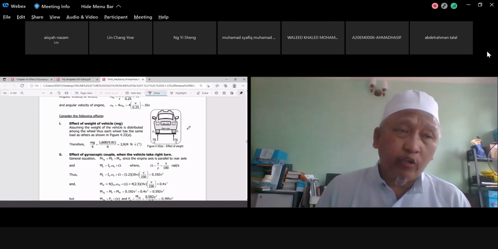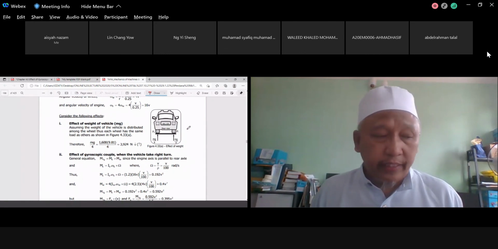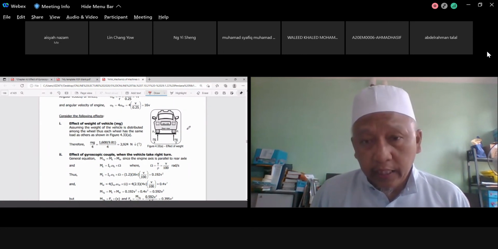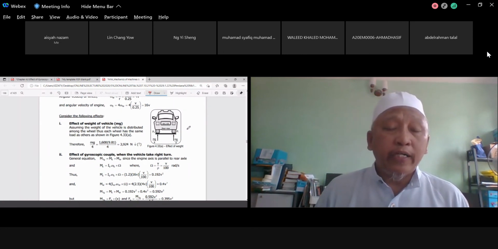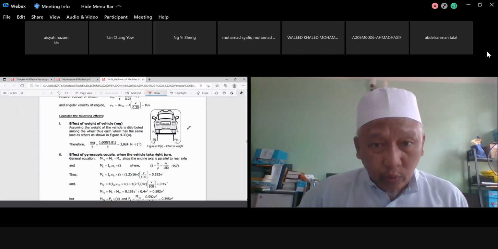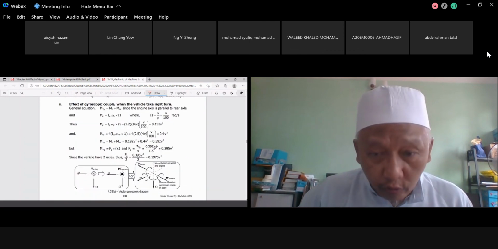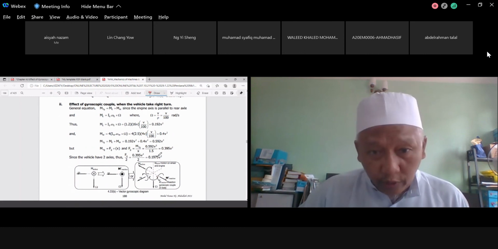We already completed the whole thing of the gyroscopic effect from the rotor to the vehicles. The only thing I haven't touched is this solution. Even if I forget to do this one, you can do it on your own because you have the solution with you.